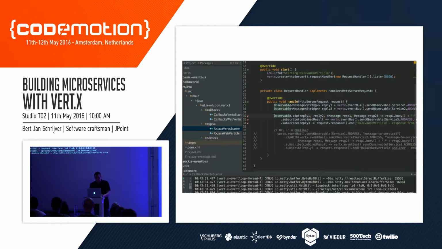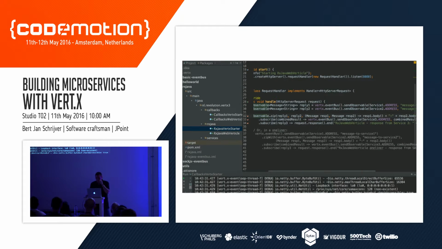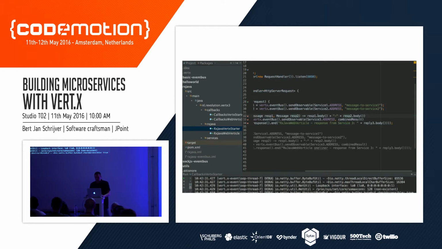Then I'm telling Rx Java to zip the results of those 2 observables. And zip means when these are complete, apply this function to them. And what I'm doing is I'm saying when you get the first response and a second response, get the body and concatenate them together. Basically the same as I was doing with just a string concatenation in the callback example.